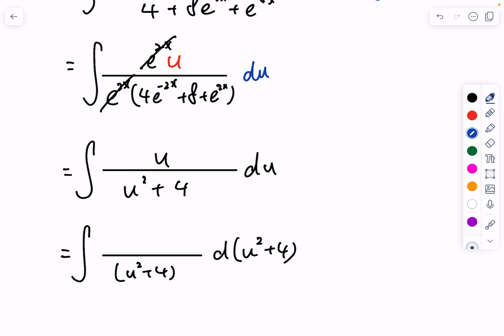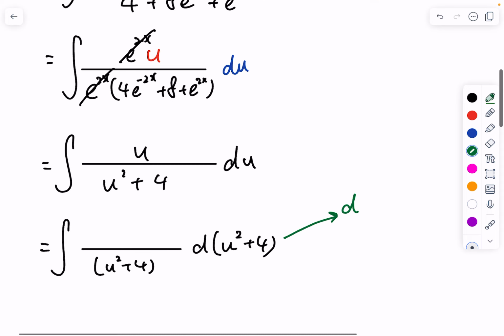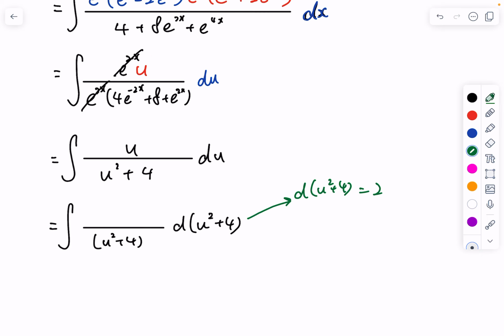As you know, d of u squared plus 4 is 2u du. That means to make this happen, we need to compensate with a 1 over 2 outside, so that this will be replaced by 1 on top.